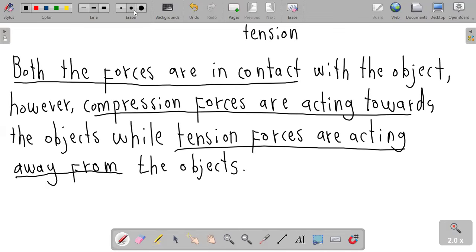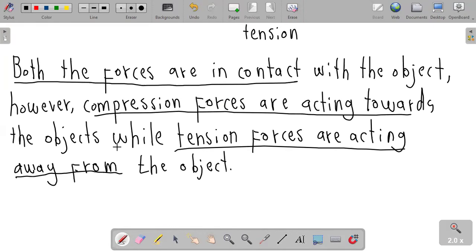So that is a key difference between those two.